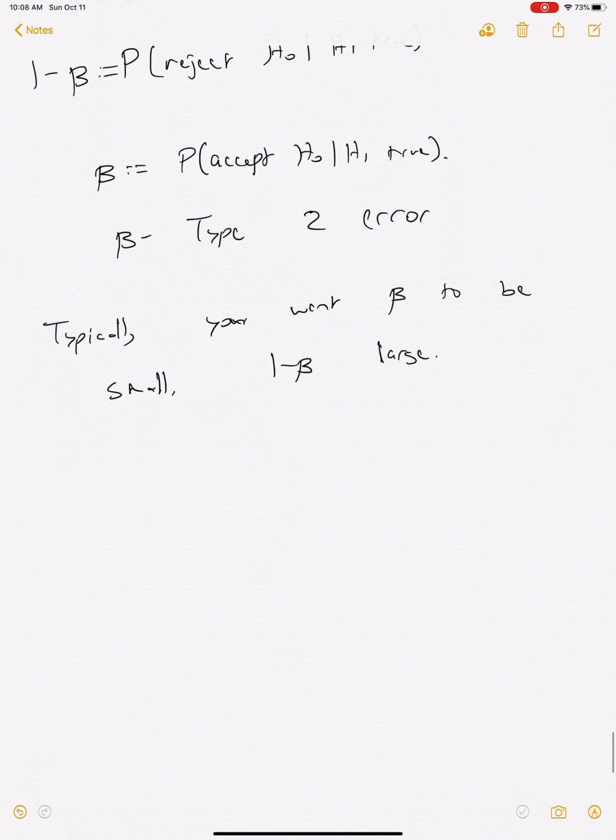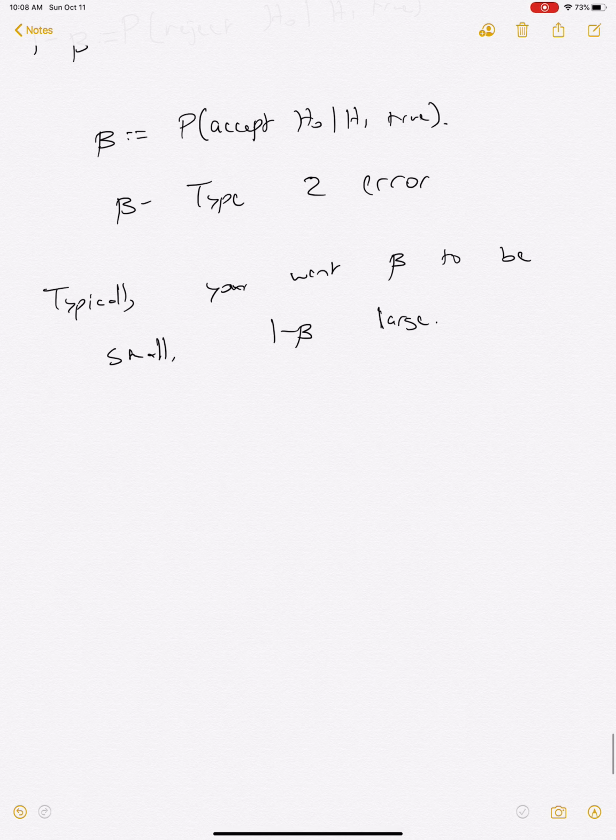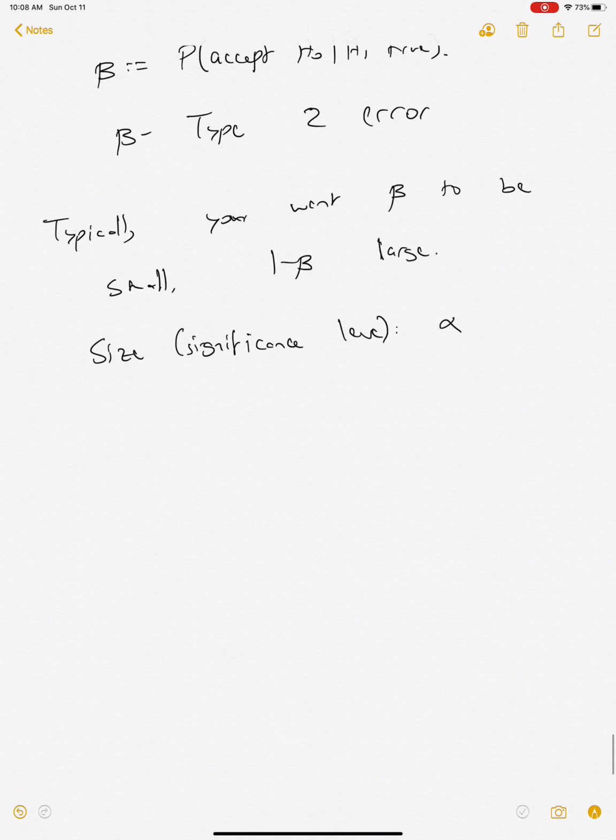So we have this notion of the size or significance level alpha, and typically what we do is we set alpha to determine the acceptance and rejection regions.